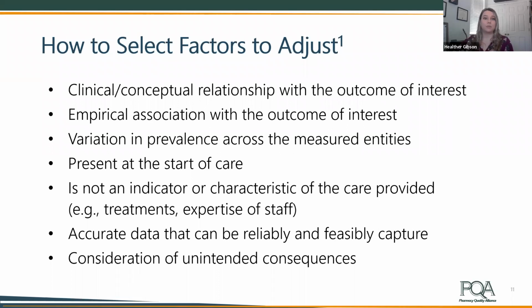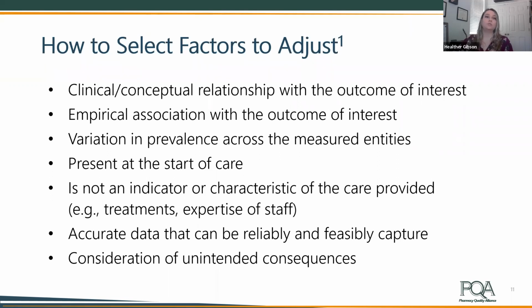We can also test empirically to see if there is an association with the outcome of interest. Variation or prevalence of a factor across measured entities is another important consideration for identifying factors to adjust. For example, plans that disproportionately cover more individuals who are dual eligible may have lower scores on certain measures compared to those with fewer dual eligible beneficiaries.